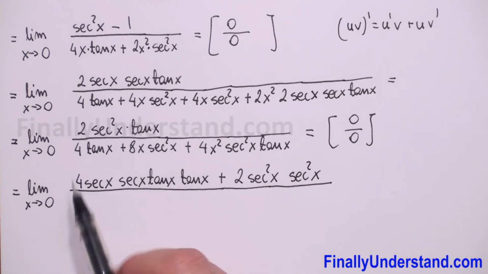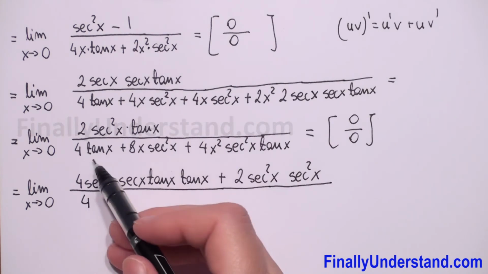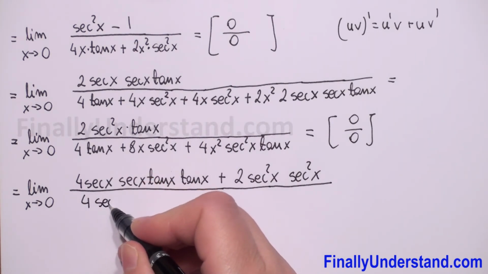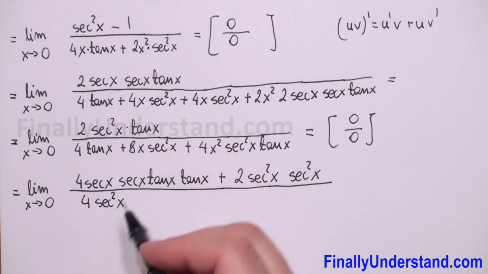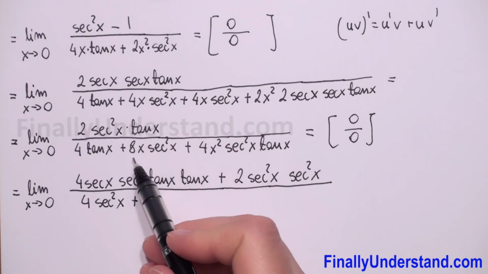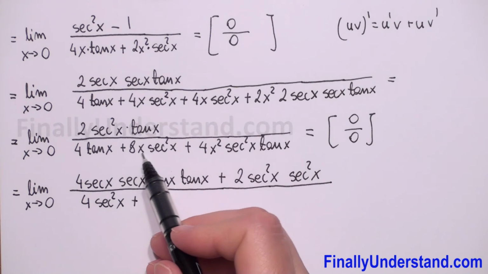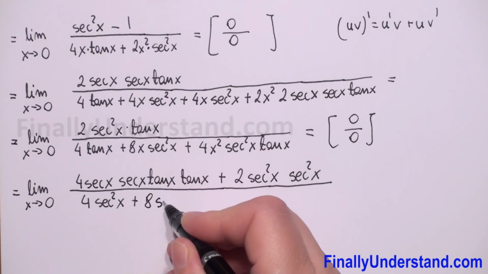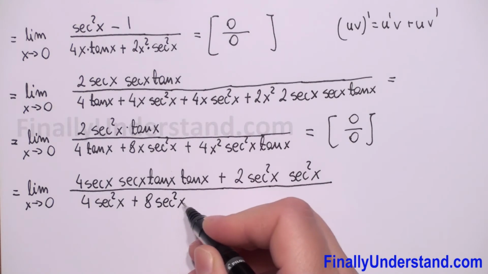In the numerator we have 4 times derivative of tangent is secant square of x plus, and again we have to use product rule. So first derivative of 8x is 8 times, we have to copy secant square of x.